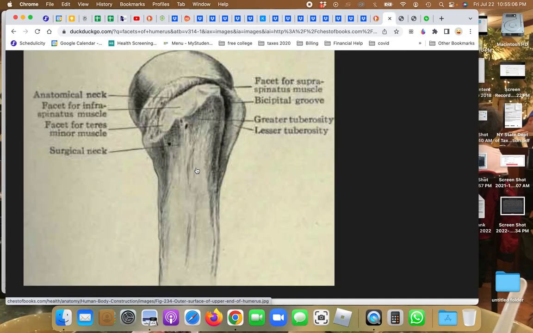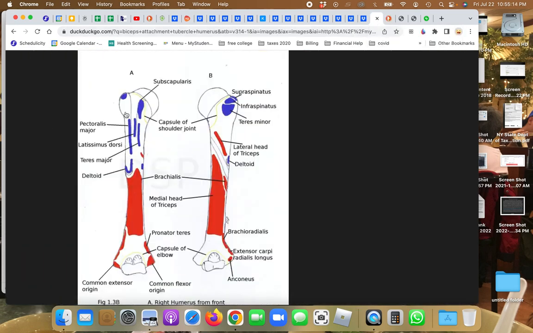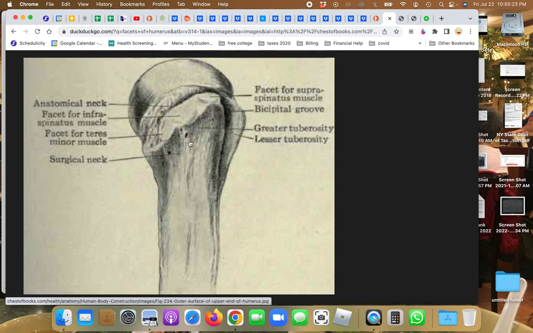Now, if you step back around to the side, so you're looking perfectly at the side view of the person's shoulder. So we have the front, the back, side, back, and then you have right on the side. You can see the greater tubercle right here, and then you can see this lesser tubercle. It's also called the greater tuberosity and the lesser tuberosity. And in between is the intertubercular notch, also called the bicipital groove, where the bicep sits. That's a landmark. And then you have these little divots.